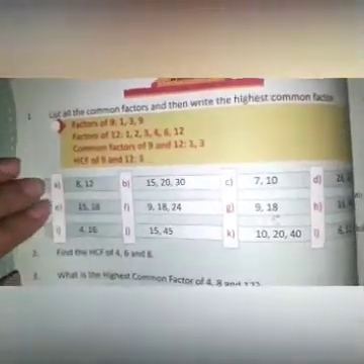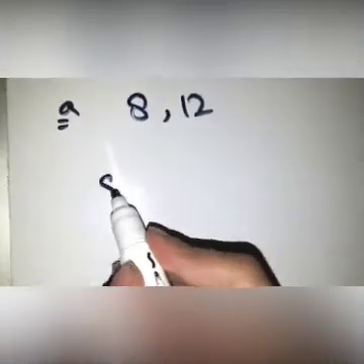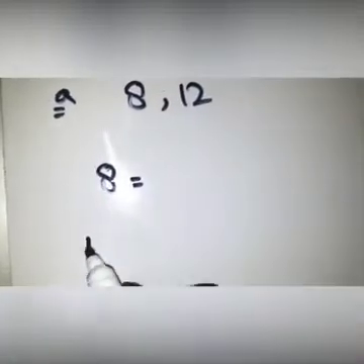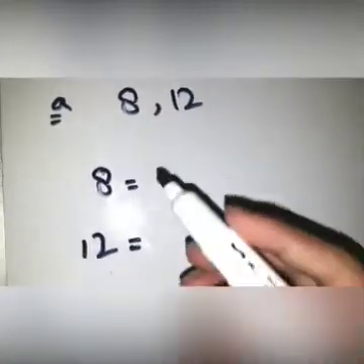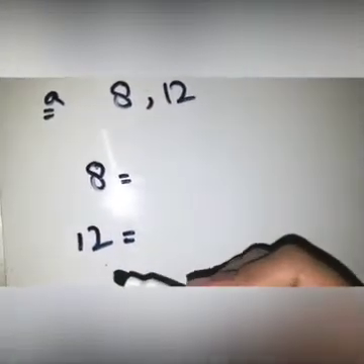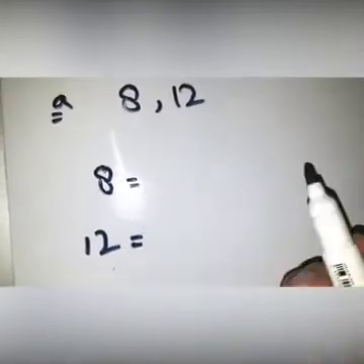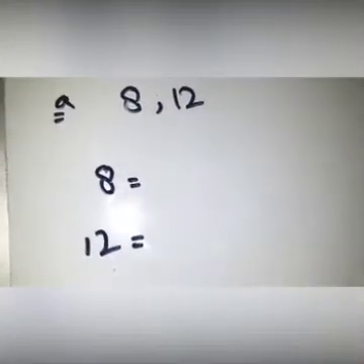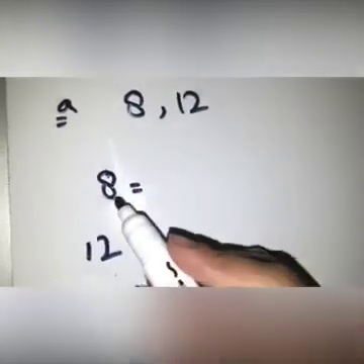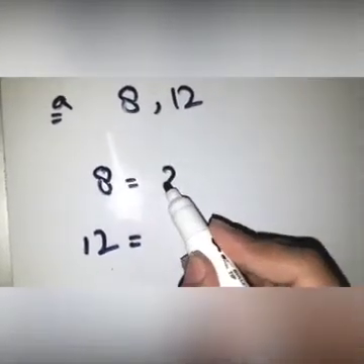Now part 1 is 8 and 12. So first of all, what will you do? You will write 8 here and 12 here because you are finding the factors of both values. Factor means the multipliers, those digits which divide 8. The 8 is divisible by 1.